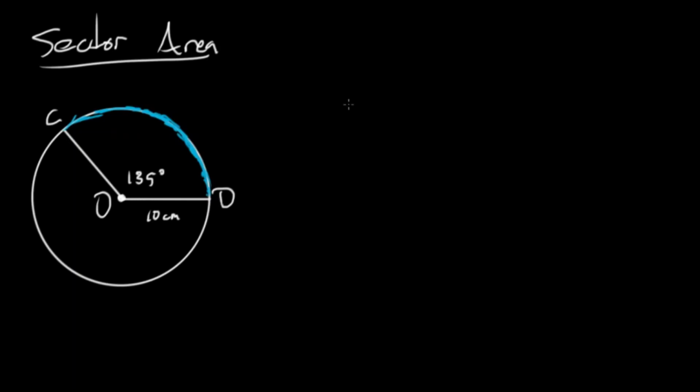So in the previous example, we have 135 to 360, equal to the sector area that we want divided by the total area, pi r squared.